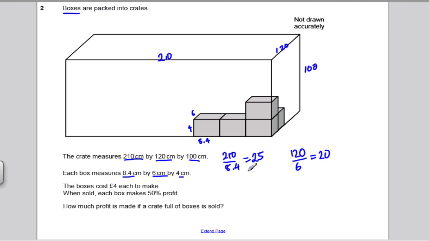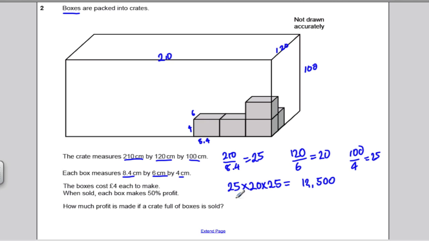Going up we're going to have 100 divided by the height, which is 4, which is 25. So the total number of boxes is 25 along here, 20 back, and 25 high. So it's 25 times 20 times 25, which is 12,500 boxes.